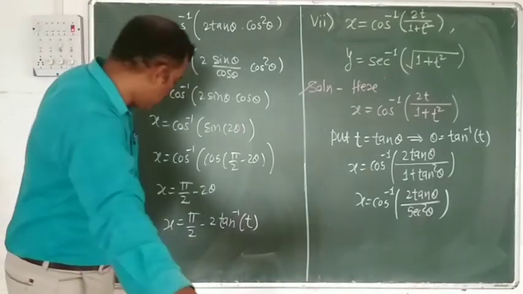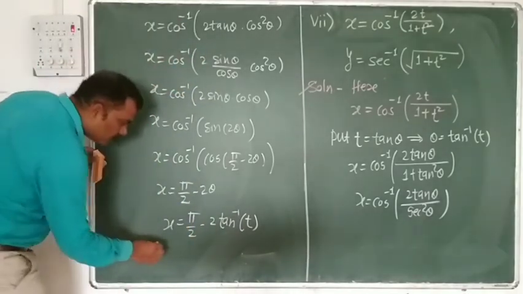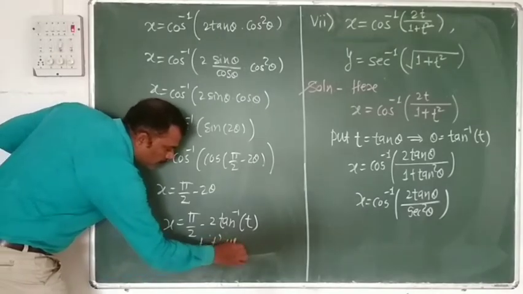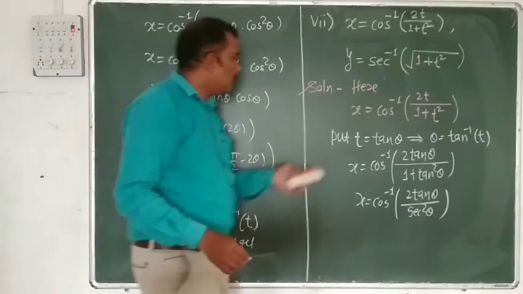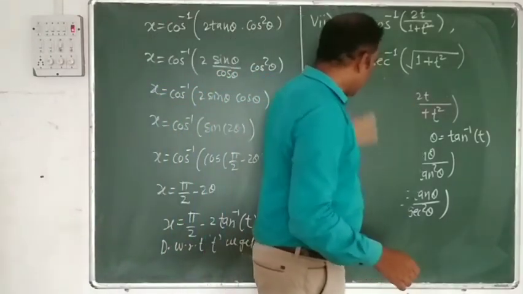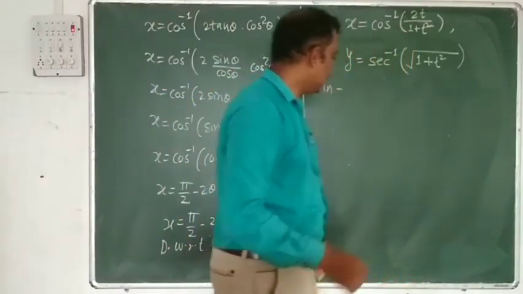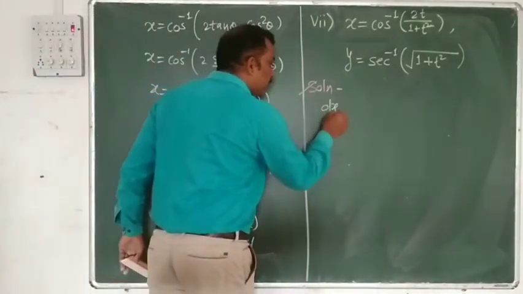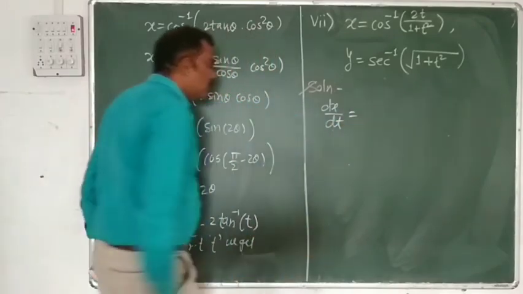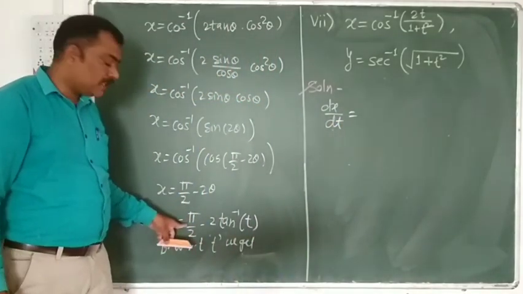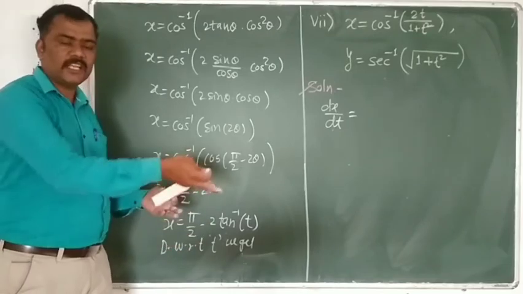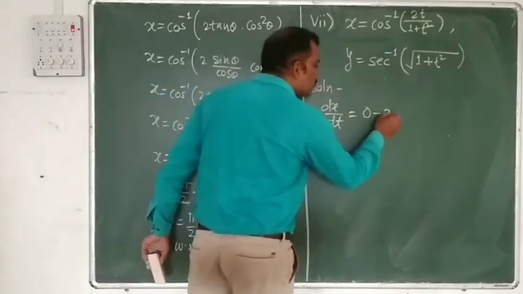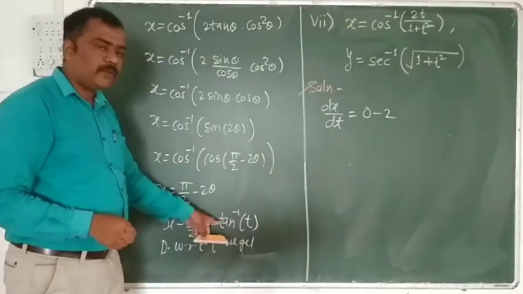Now we have to differentiate this with respect to t. Differentiation of x with respect to t, dx by dt, is equal to pi by 2, which is a constant, so its derivative is 0, minus 2 times the differentiation of tan inverse of t.